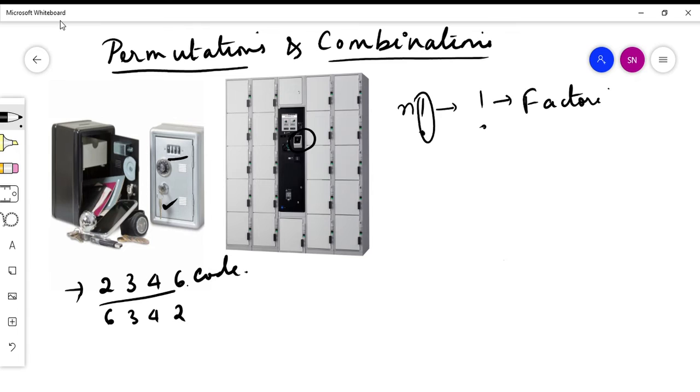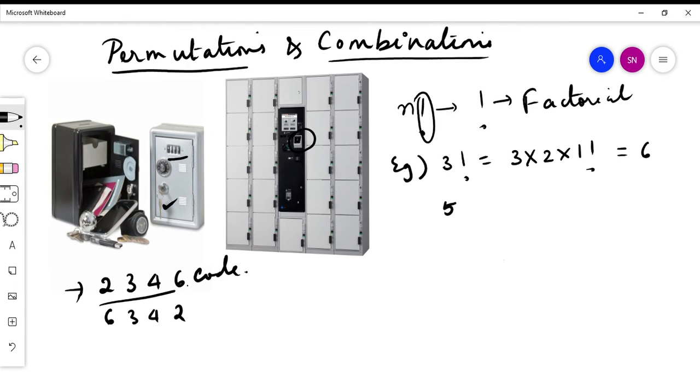So if I say, find the value of 3 factorial, 3 factorial can be written as 3 into 2 into 1 factorial. The factorial values you people have done in lower classes. We all know that 1 factorial is 1. So 3 into 2 is equal to 6.